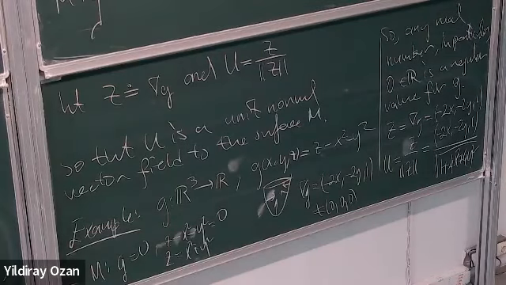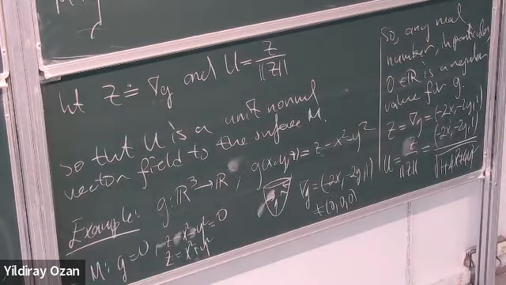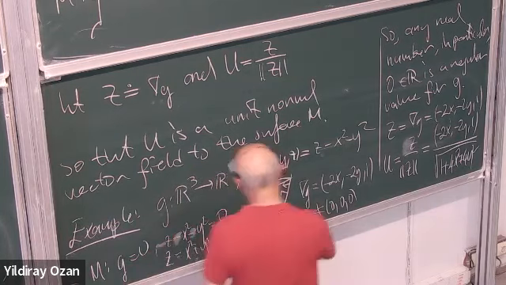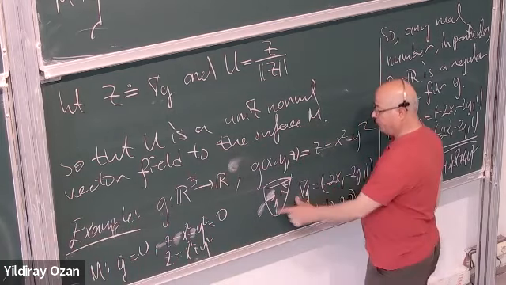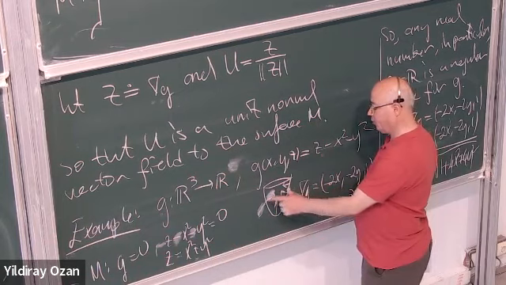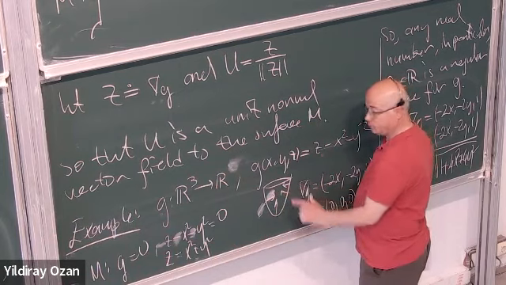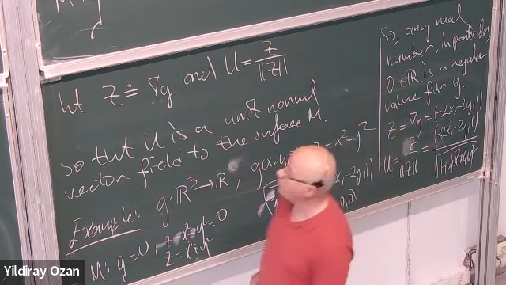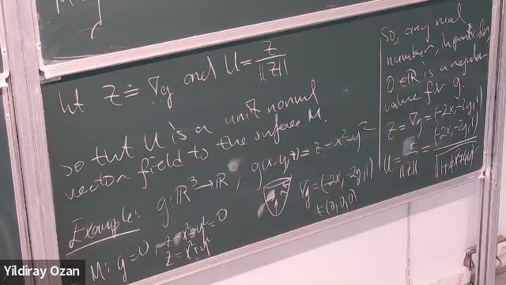Of course, it doesn't always make sense what you mean by pointing inside or outside. For this one, the paraboloid, we think this is the inside and this is outside. But for a hyperboloid, it is not easy to say which side is inside and which side is outside.